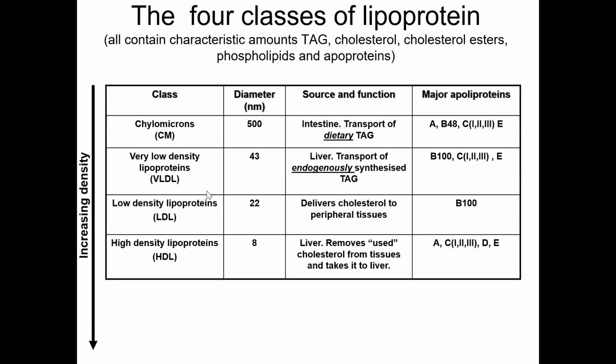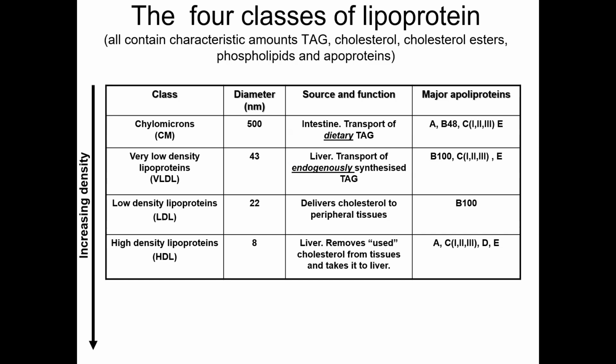We have four major classes of these lipoproteins. All of them contain characteristic amounts of triacylglycerol, cholesterol ester, phospholipids, and proteins, but of different densities. They produce different particles with different densities: chylomicrons, very low density lipoproteins, low density lipoproteins, and high density lipoproteins.